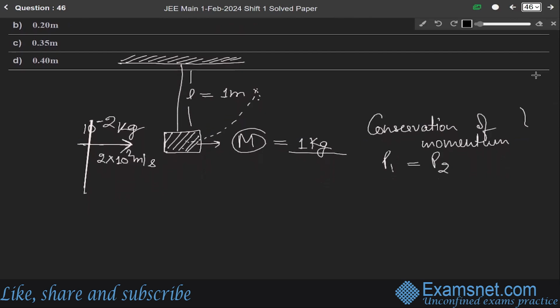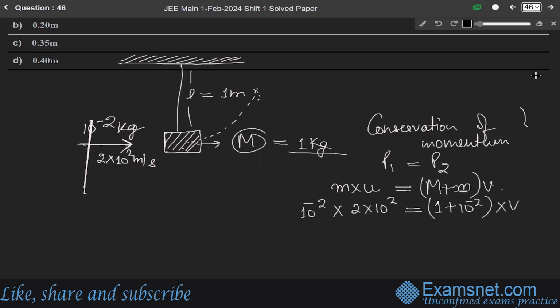Initial momentum is the mass of the bullet into the speed with which it is moving towards the block, and it equals the mass of the block plus the mass of the bullet, since it gets embedded into the block, into its velocity v. So its mass is 10 to the power minus 2 kg, into velocity 2 into 10 to the power 2, equals capital M, which is 1 kg, plus small m, the mass of the bullet, 10 to the power minus 2 kg, into this v.